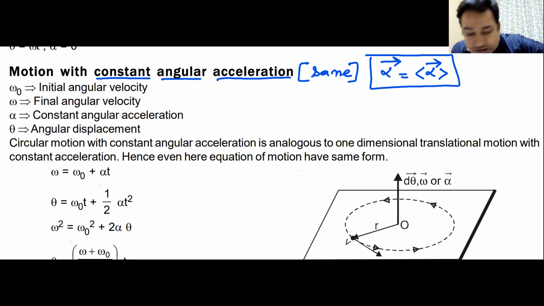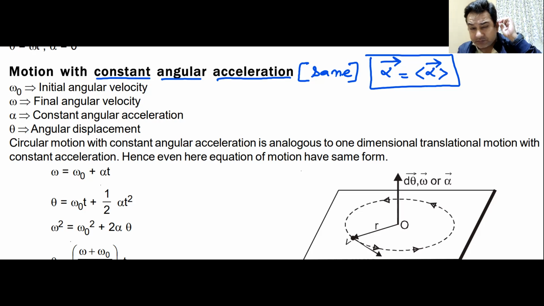Now this motion, theoretically, not practically, is exactly similar to what we had done in the first chapter, motion with constant acceleration.